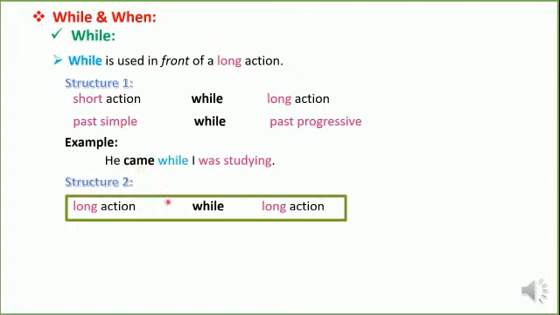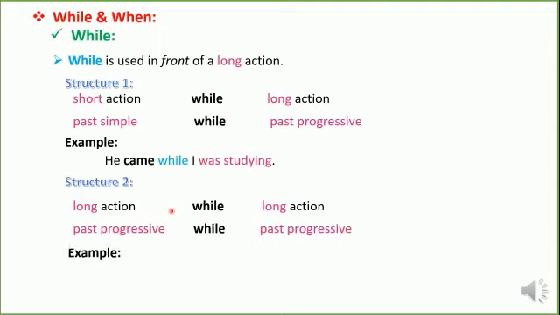Structure 2: while connects two actions that are both long actions. By long action I mean, of course, the past progressive tense. For example: I was listening to music while I was eating my dinner. Look here, both verbs happened in the past and both are long actions.